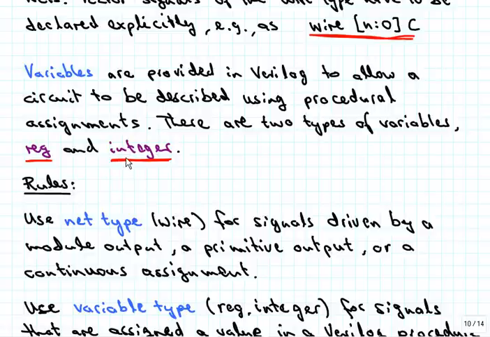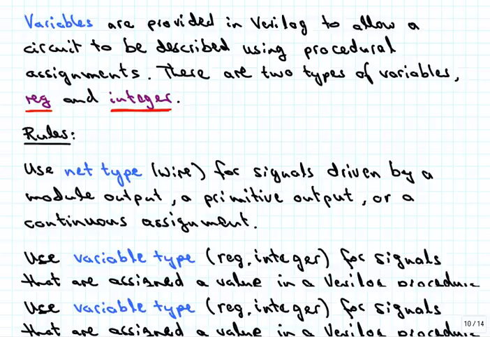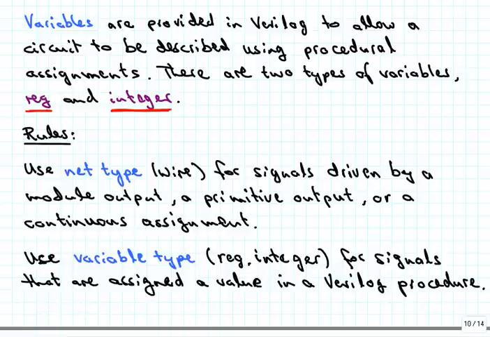And now the rules that generally apply for knowing what type to use when interconnecting things are as follows. You use the net type, in our case mostly the wire, for signals that are driven by a module output, by a primitive output.